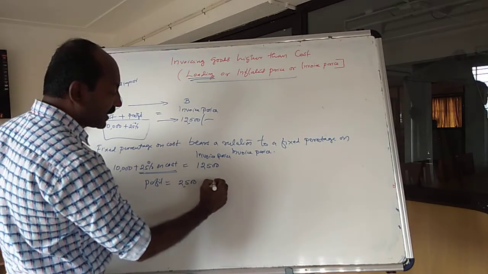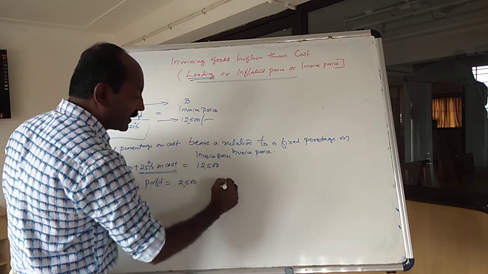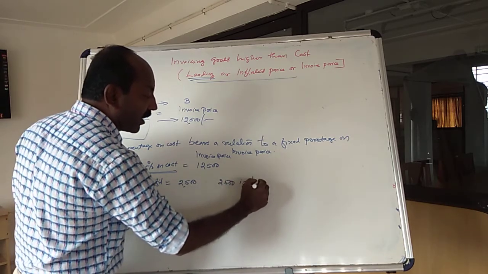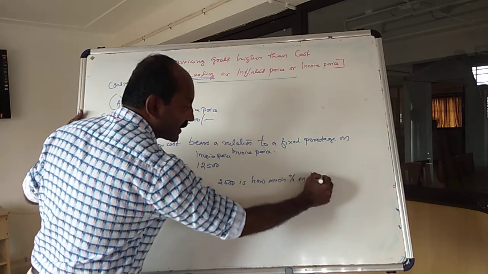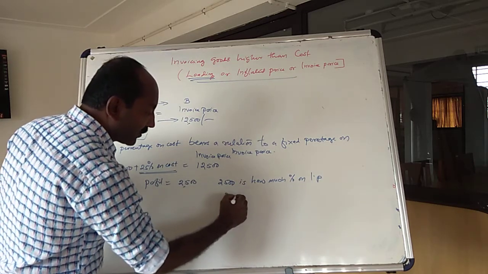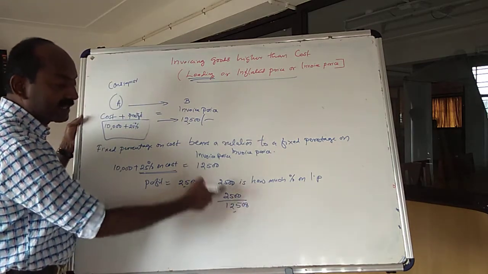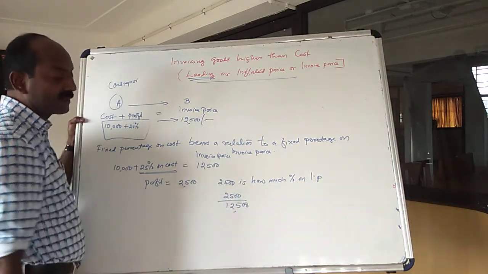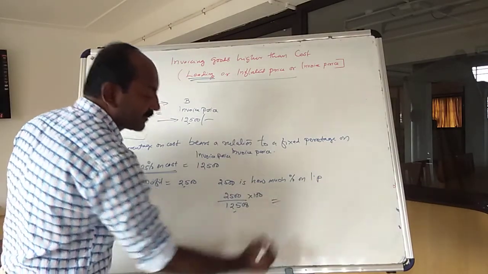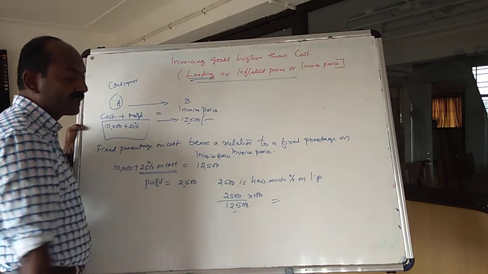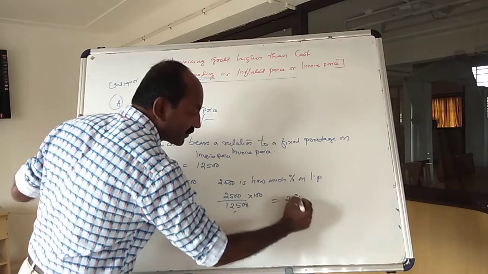Let us calculate the percentage on invoice price. 2,500 divided by 12,500 into 100, we will get the percentage. 2,500 divided by 12,500 is equal to 20%.